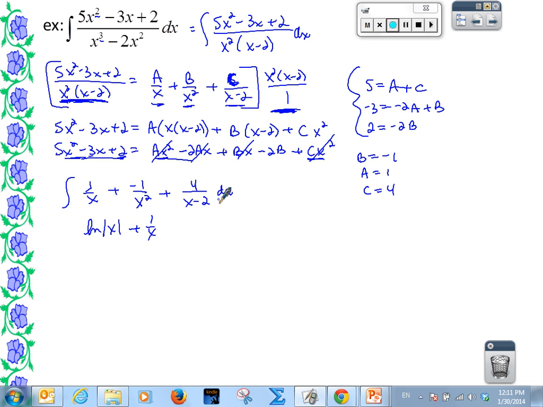So this would just turn to be 4 natural log x minus 2 plus c. I mean, it's possible that you could bring the 4 up into the argument here and make it to the 4th power. If you were working on a multiple choice question, they would probably write it that way. They'd probably bring the 4 up. But that's basically it. Questions on this integration technique?